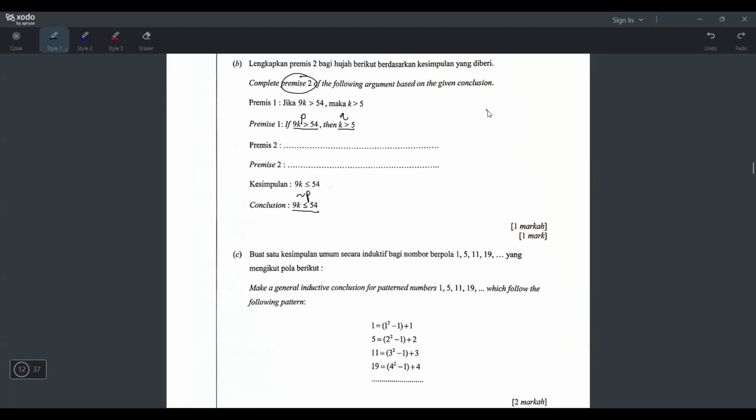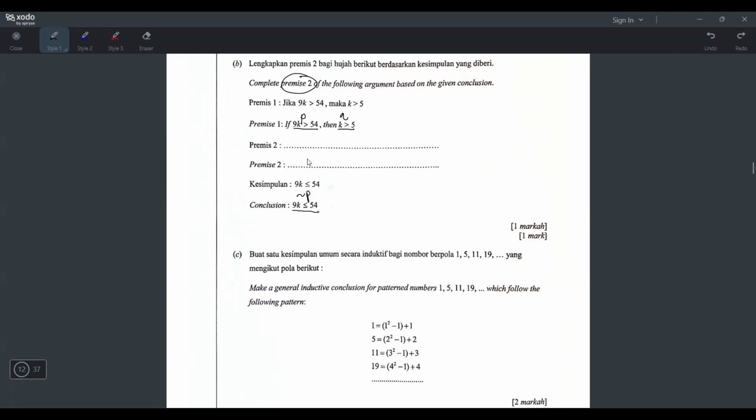So if bigger, when we do negation, it becomes smaller or equals. What if it's smaller? When we do negation, it becomes bigger or equals, because negation is like you're taking the opposite of it, the lawan dia. So bigger, the lawan dia is this. So let's erase this. I think I have to write Q here lah.